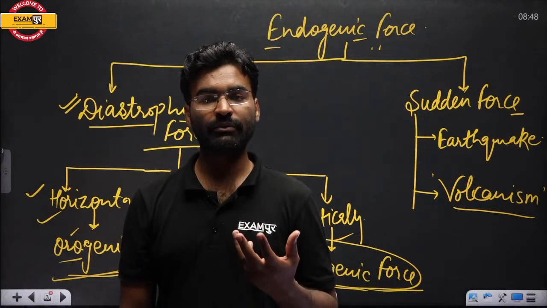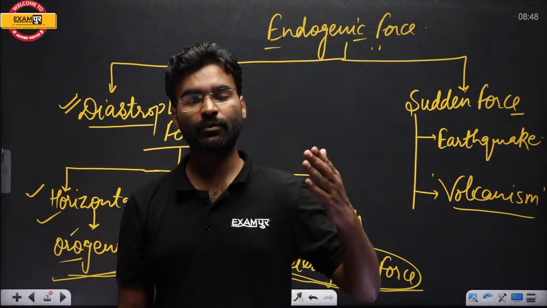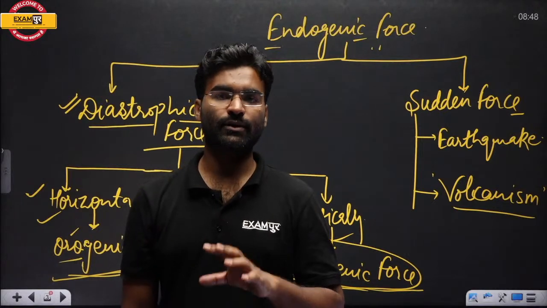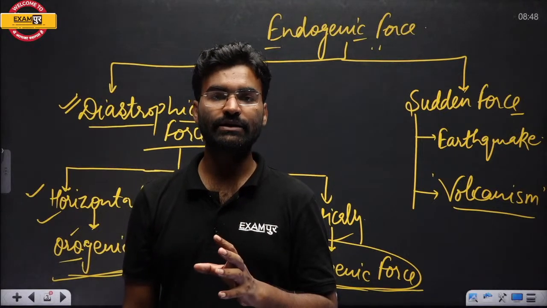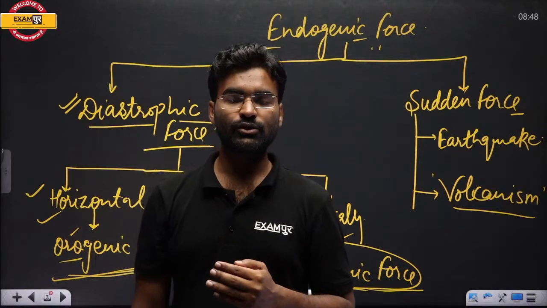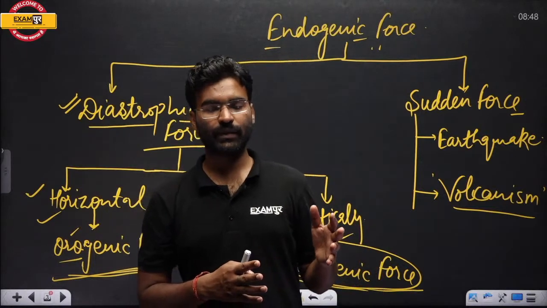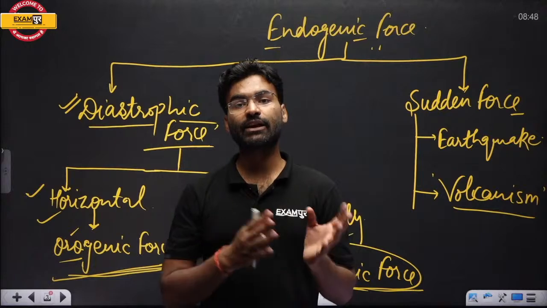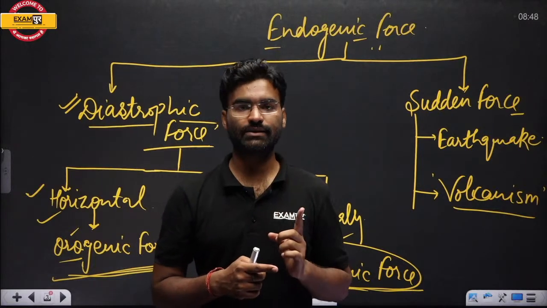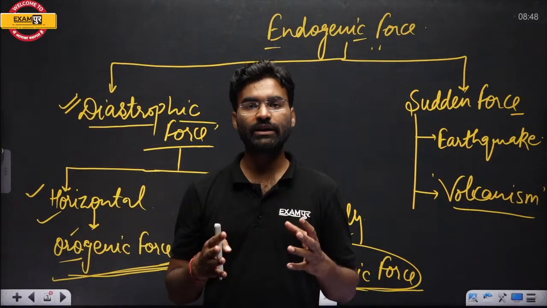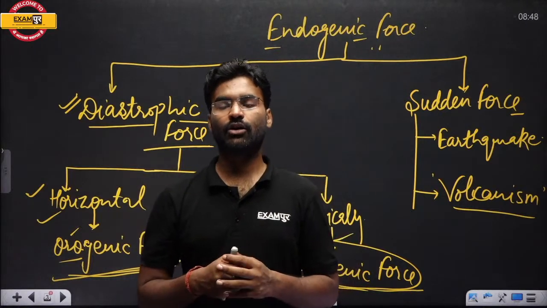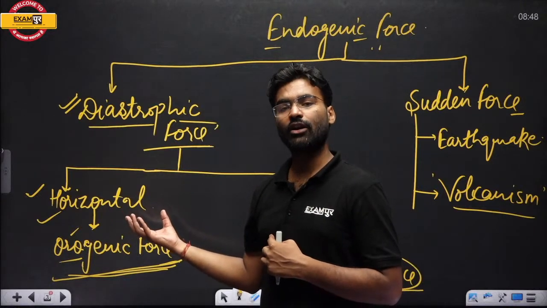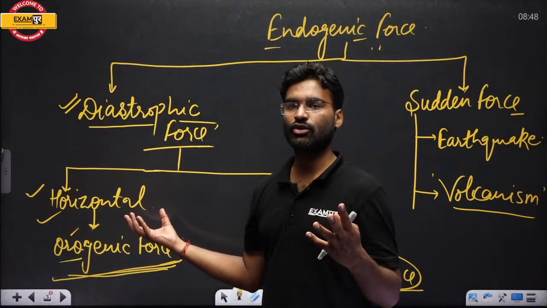The making of the Himalaya started approximately 60 to 65 million years ago, and at the present time the Himalaya is also still in the making process. 1 million is equal to 10 lakhs, so you can imagine how many years this type of process takes. It is the result of a long time period. It is not happening in a short time period.